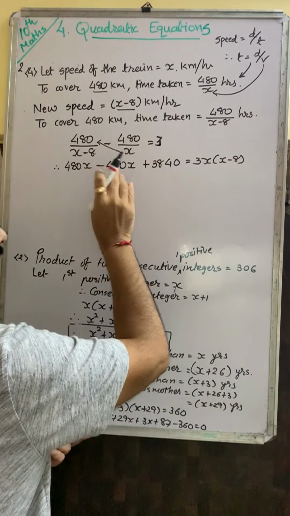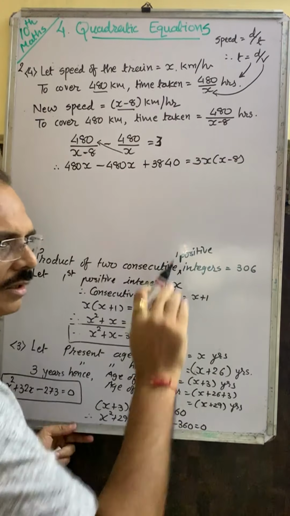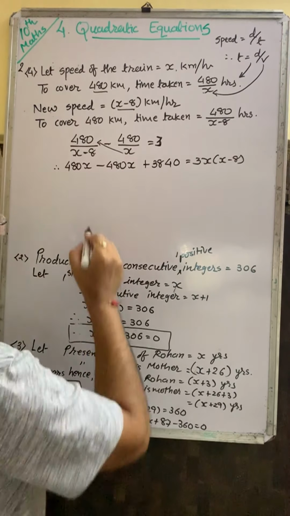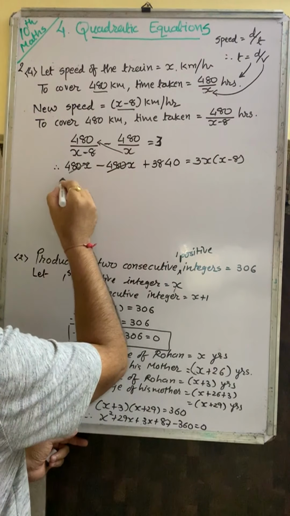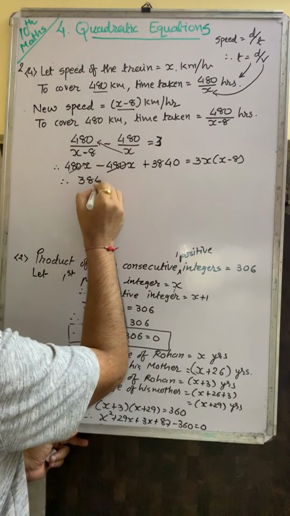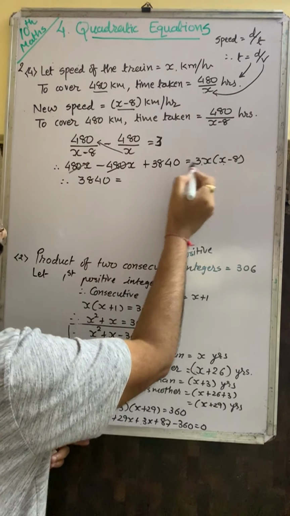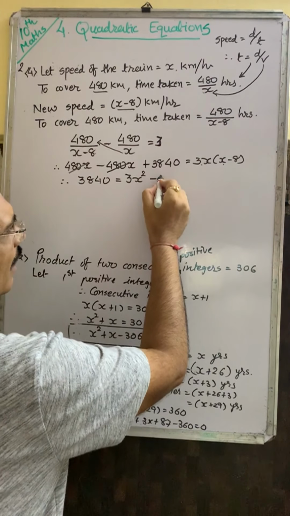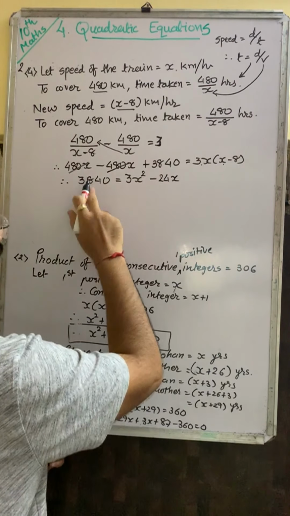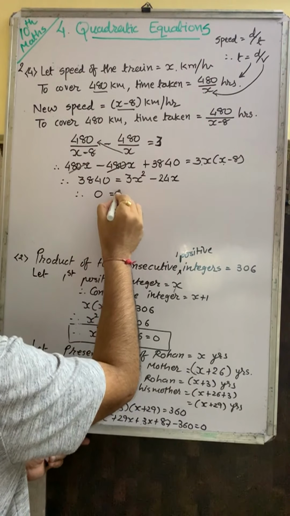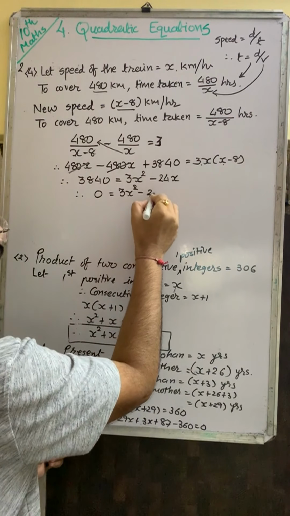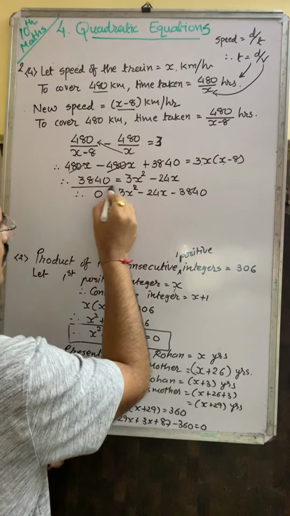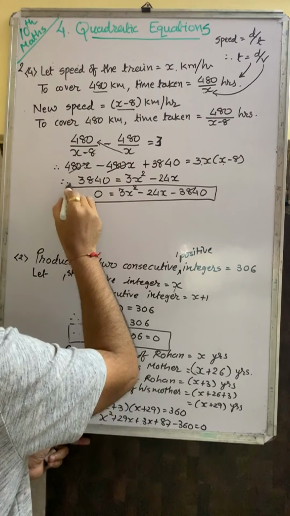We take LCM on the left side and right side at the same time, so no need to write it. Plus 480x and minus 480x cancel, 3840 equals 3x into x, 3x square, minus 3 eights are 24x. Take this term to this side: 0 equals 3x square minus 24x minus 3840. This is the standard form of the quadratic equation.